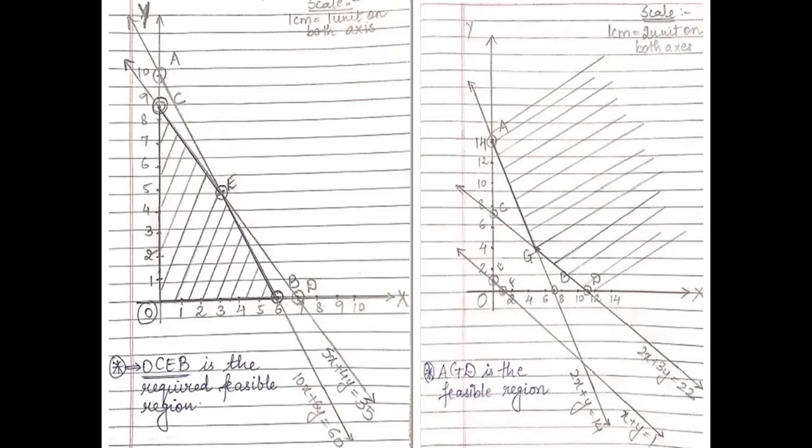And as you all see, there is no limit to the numbers which we are taking. So the area which is towards the right hand side and which does not have a specific end, that is called as unbounded region. And as you all can see, the area which we shade towards the origin is always called as a bounded feasible region.